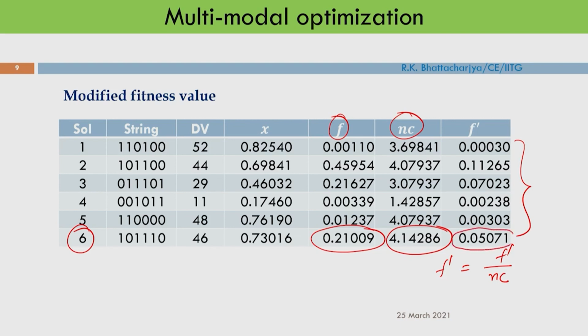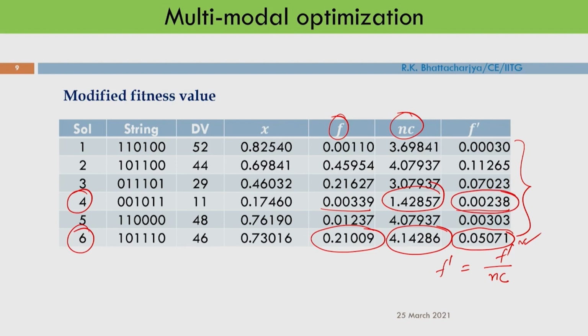Now the fitness value is reduced to 0.05071. For the fourth solution, which was not a crowded solution, the niche count is 1.42, and earlier the fitness was 0.00339; now the modified fitness value is 0.00238. So, the fitness value of this particular solution has not been reduced much.